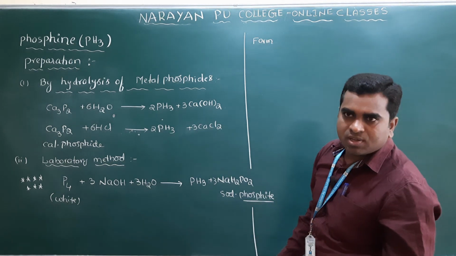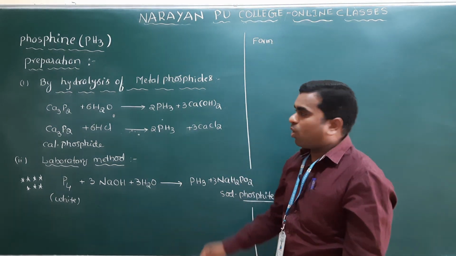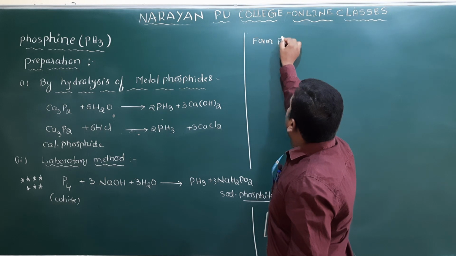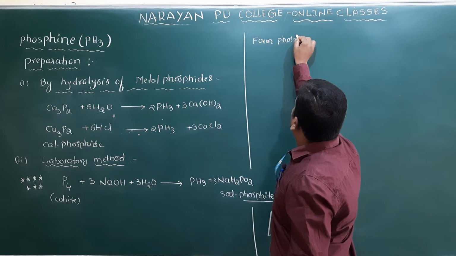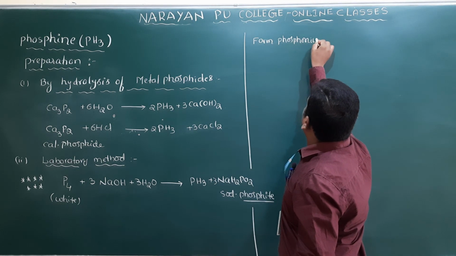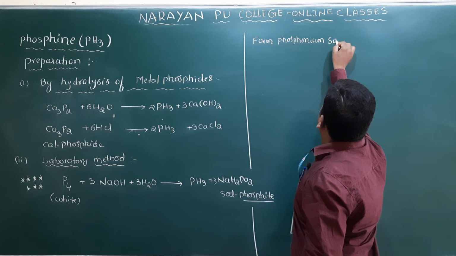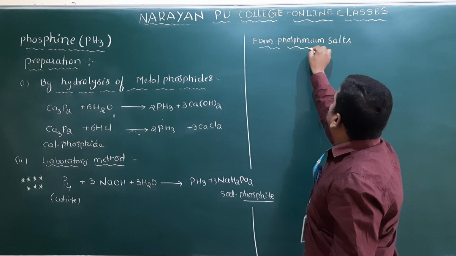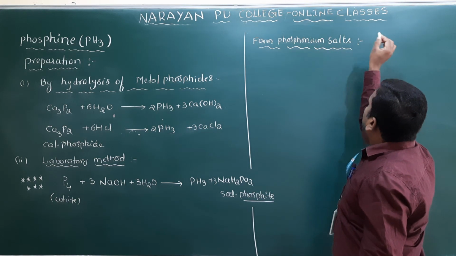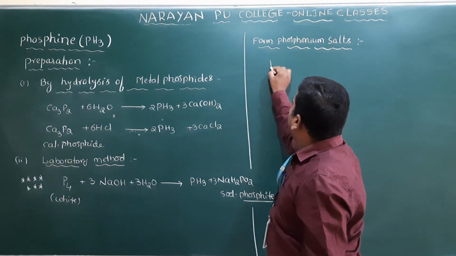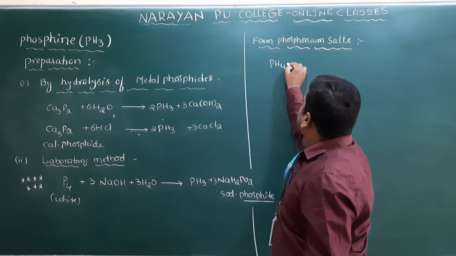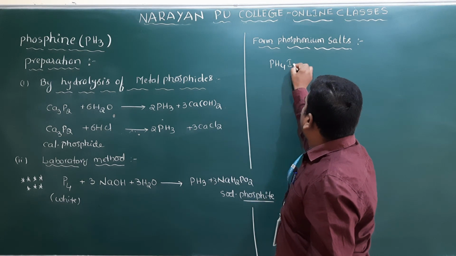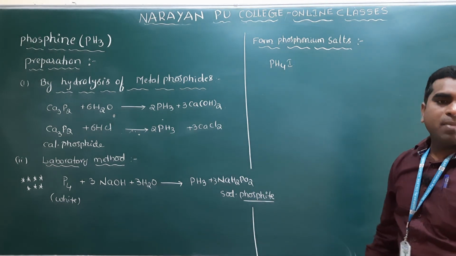From phosphonium salts. Clear? Phosphonium chloride, halides, whatever may be. From phosphonium, like ammonium salts we will say, phosphonium salts. Clear? So here I will take PH4I, phosphonium iodide.